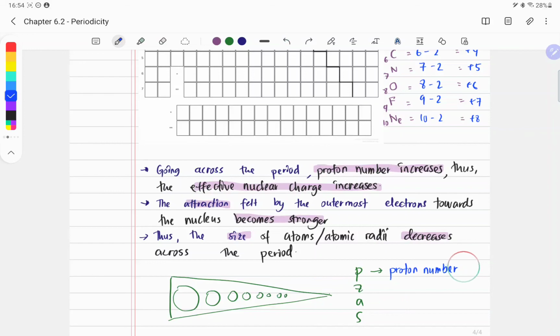So going across the period, this is proton number. Proton number increases. Z is actually ZEF. Okay, effective nuclear charge. Okay, so we know the effective nuclear charge also increases. So going across the period, proton number increases, ZEF increases, attraction becomes stronger, the arrow pointing up, and size becomes smaller.